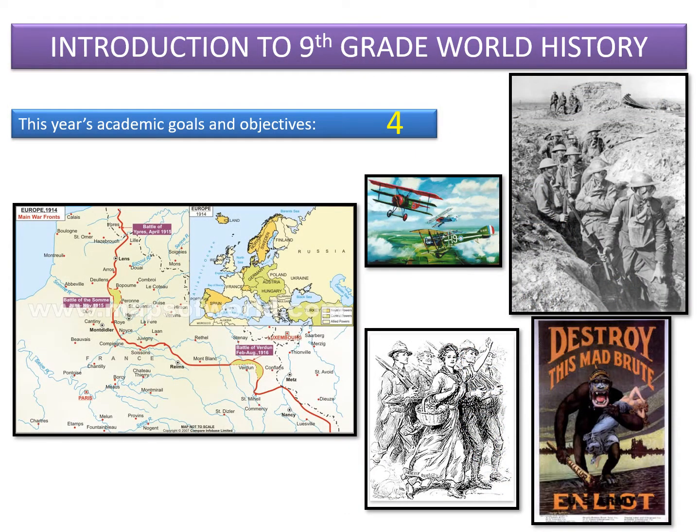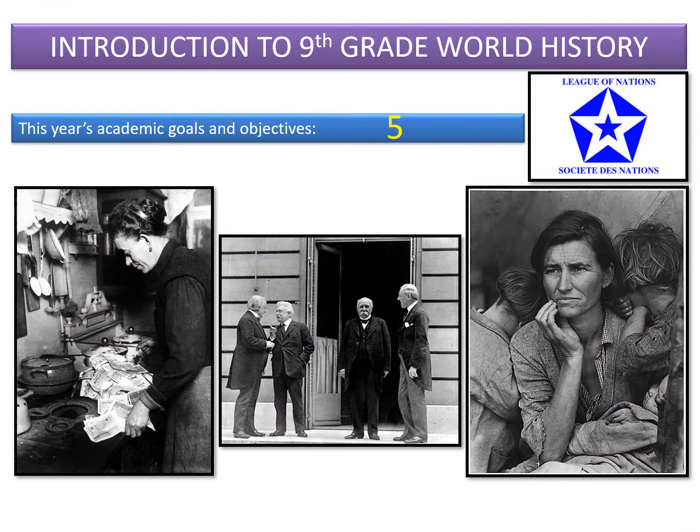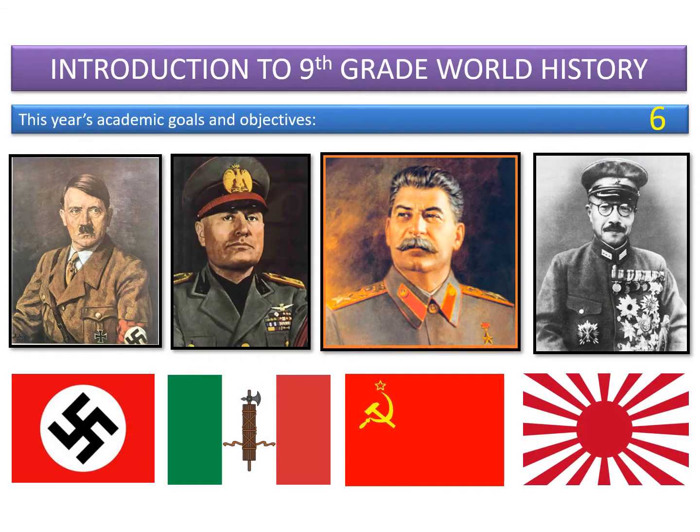We move on to analyze the causes and course of the First World War. We'll analyze the effects of the First World War, and then analyze the rise of totalitarian governments after the First World War.